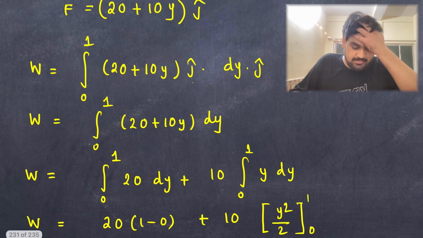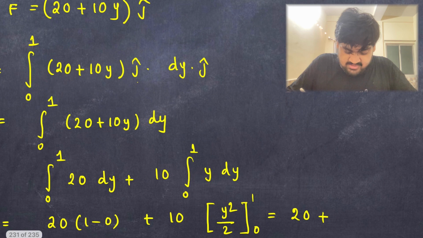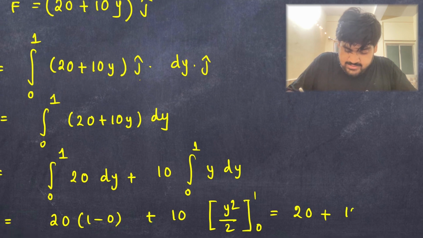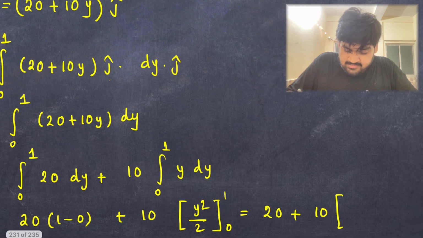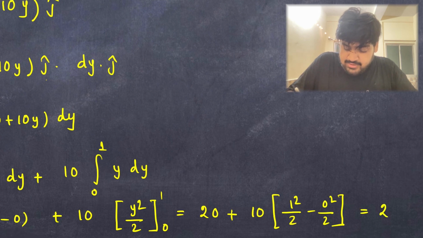Okay, so on solving this, it will come out to be 20 plus 10, putting the limits, 1 squared by 2 minus 0 squared divided by 2, right? So from here on solving you get 25.